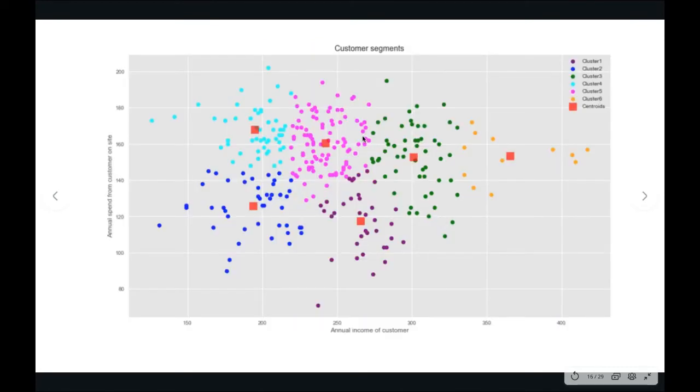And I've also put another one on customer segments. You can see that in an actual system, when you throw your data at a clustering algorithm, it may be able to cluster your data with centroids as these red marks. These red marks are the centroids of your clusters. All right.